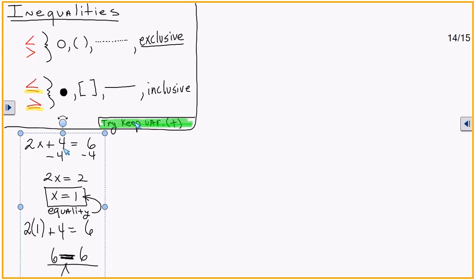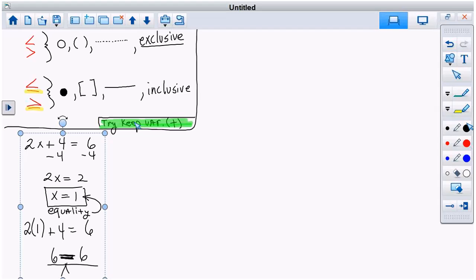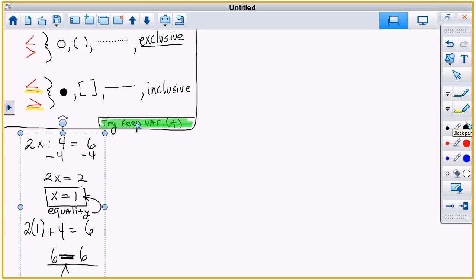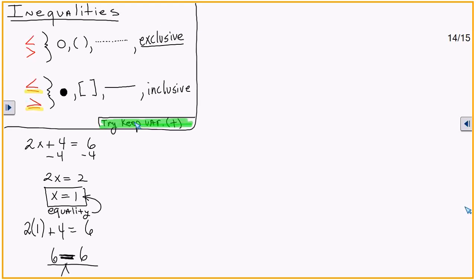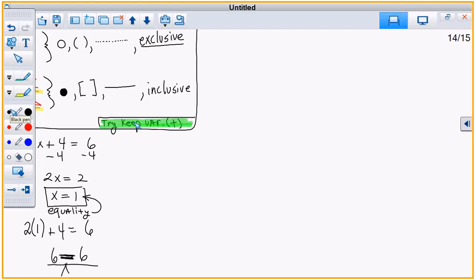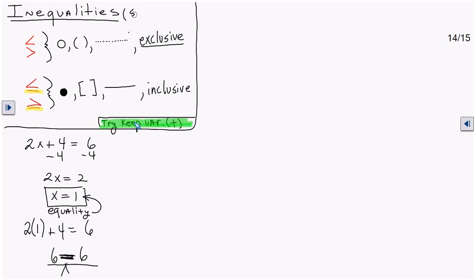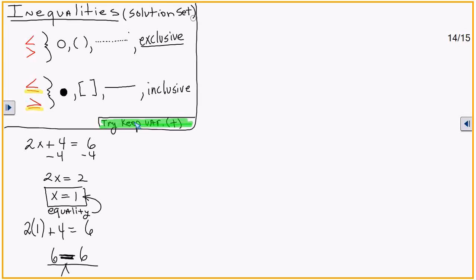Now you got an inequality. The inequality gives you a solution set instead of a solution. It gives you a solution set, which means a lot of numbers that will work.